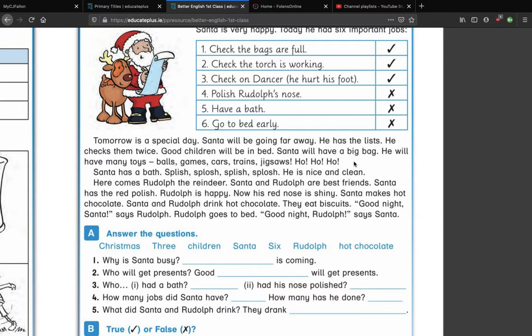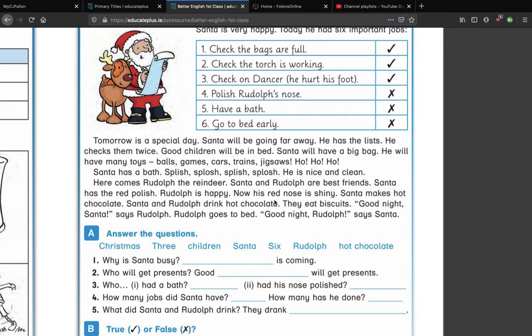So continuing on. Santa has a bath. Splish, splosh, splish, splosh. He is nice and clean. Here comes Rudolph the reindeer. Santa and Rudolph are best friends. Santa has the red polish. Rudolph is happy.